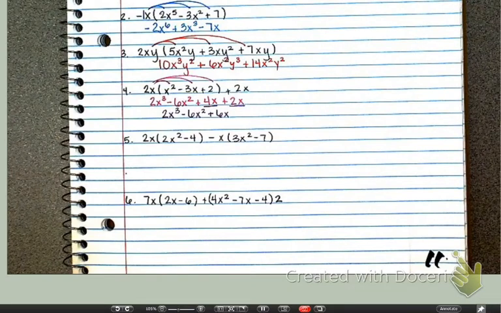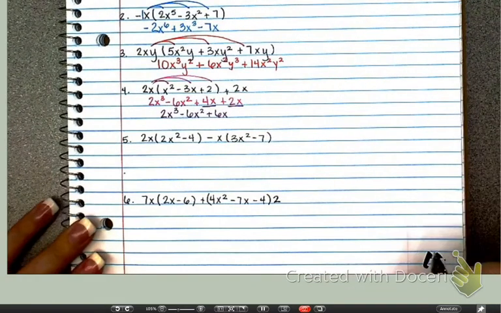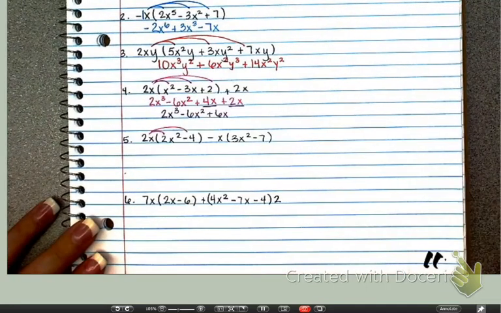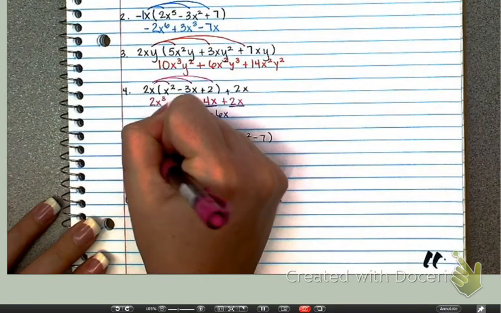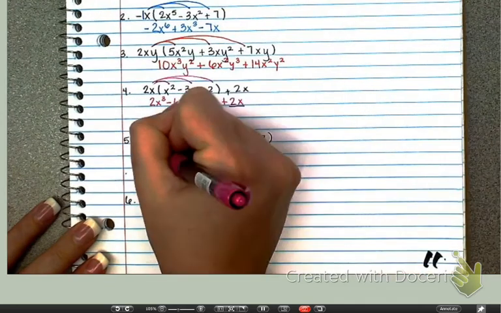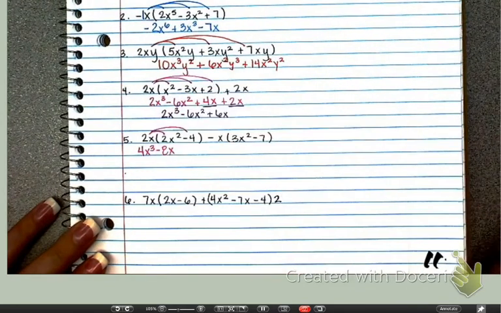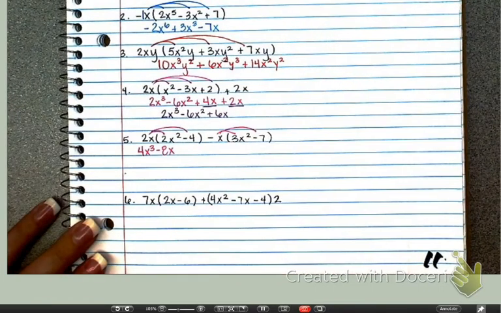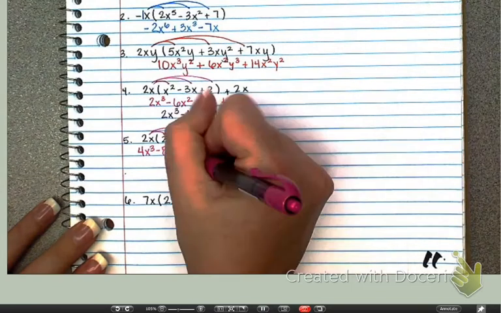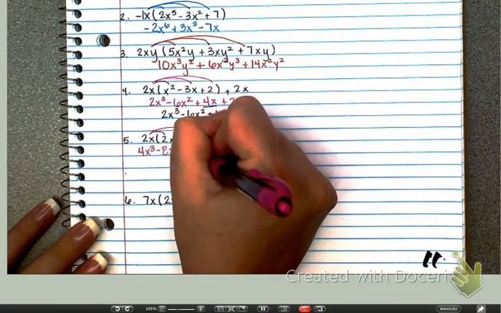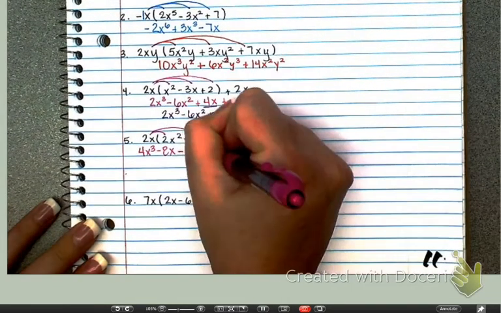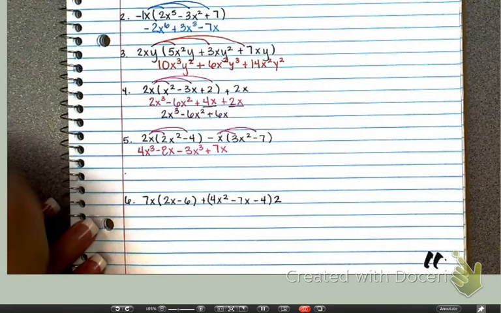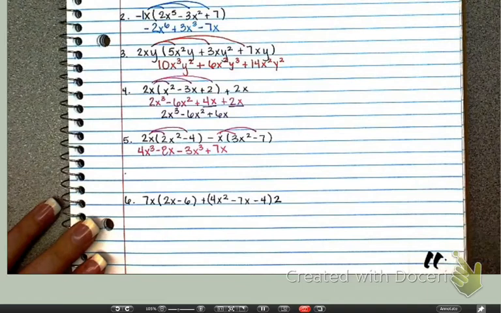So number 5, there are 2 sets of the distributive property before you combine like terms. So first I'm going to distribute the 2x, which gives me 4x to the third minus 8x. I'm then going to distribute a negative 1x, which gives me a negative 3x to the third plus 7x. Did you get that when you distributed? Okay. Combine like terms in standard form.